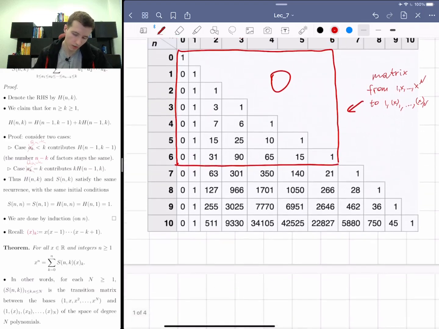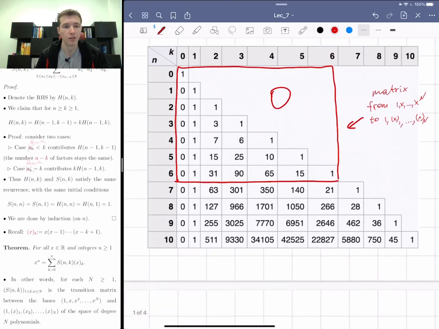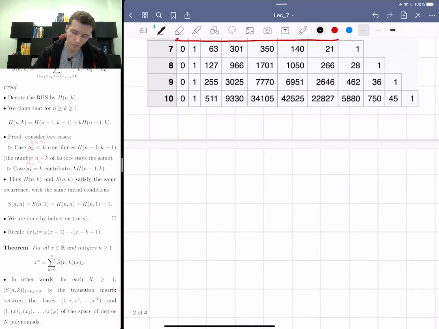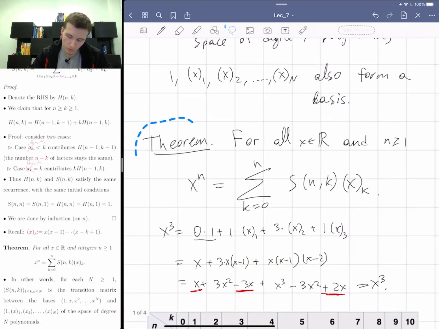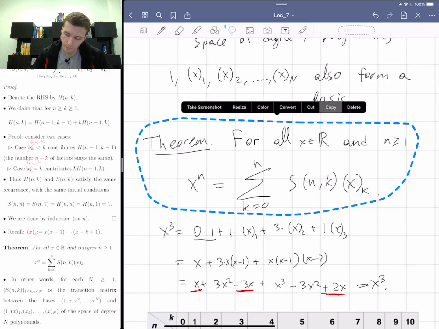Now, how do I prove this theorem? The proof is another trick. Let's copy the theorem.